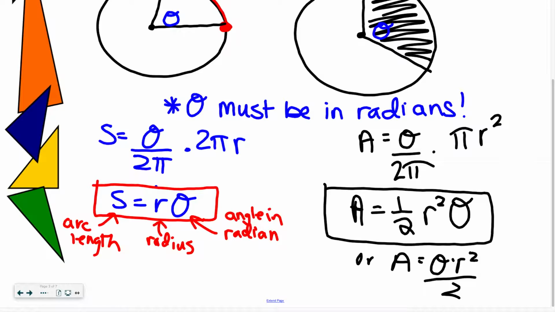So I really don't care which way you use it. I know next year in Algebra 3 or Pre-Calculus they're going to show you this version, 1/2 times r squared times theta. So just knowing that will jog that memory. Okay. So again, r represents radius. Theta must be in radians. And then you have that portion of the area.